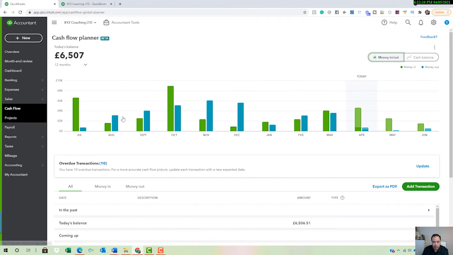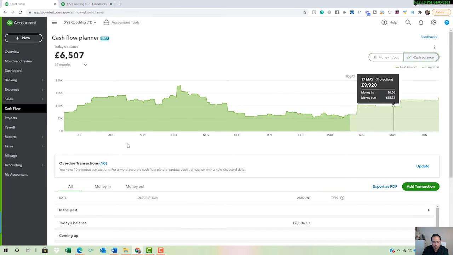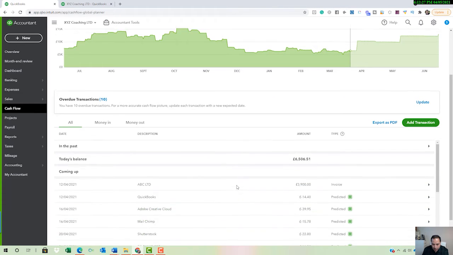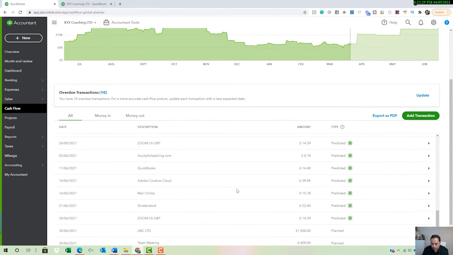The only difference here is that when you click on this one, you'll see the bar charts as money in and out, and when you go into cash balance, you'll see it as a graph as well, in a graphical format. But apart from that, from here downwards, it's the same. There's no difference.